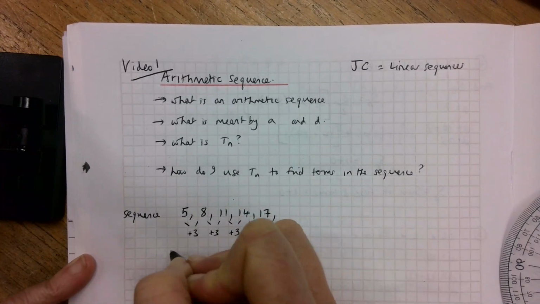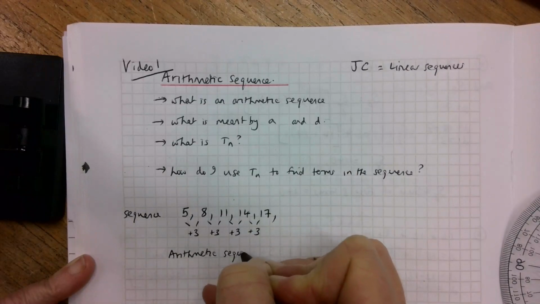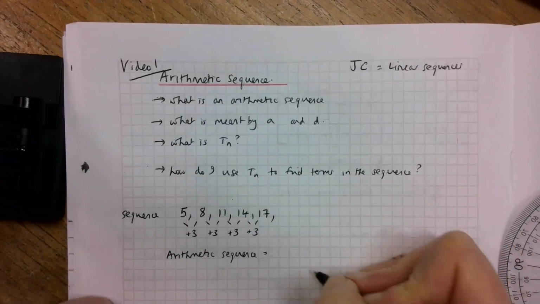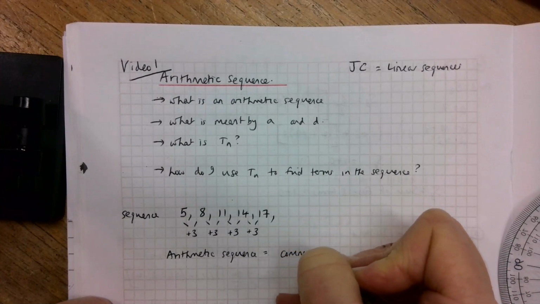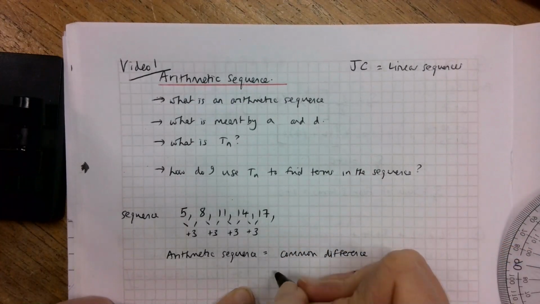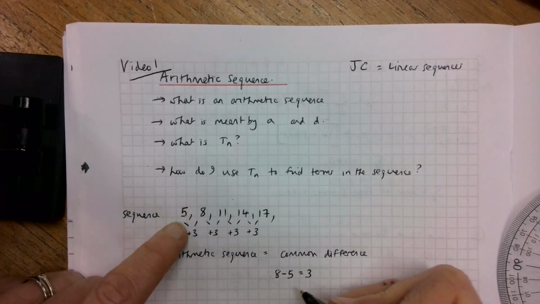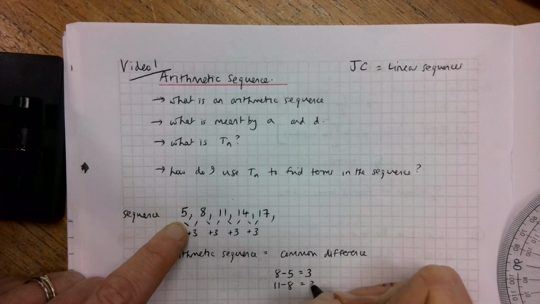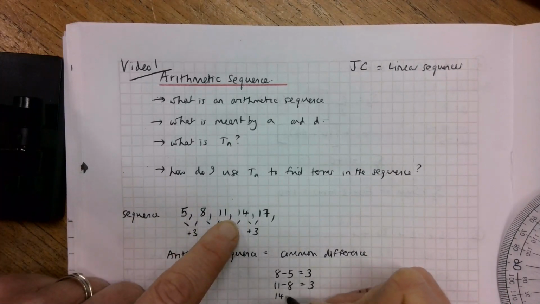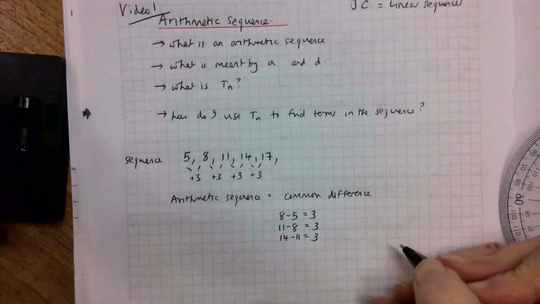So this is an arithmetic sequence because it's got what's called a common difference. So a common difference means that when I subtract 8 minus 5, I get 3, and when I subtract 11 minus 8, I get 3, and when I subtract 14 minus 11, I get 3. I'm going up by the same amount each time.